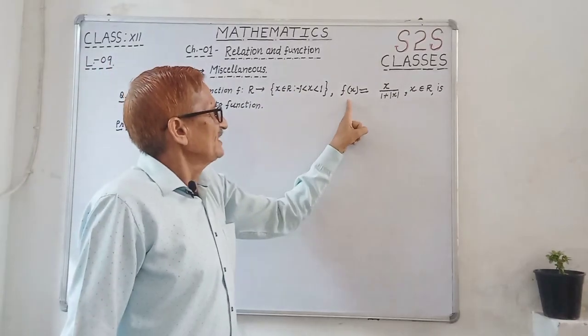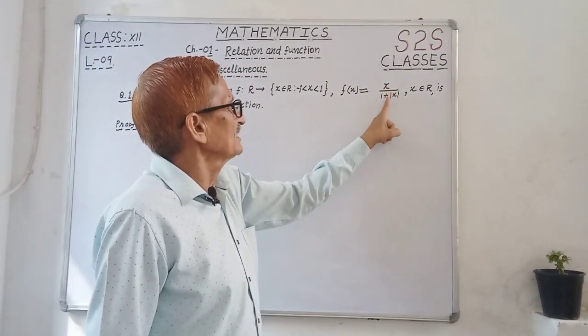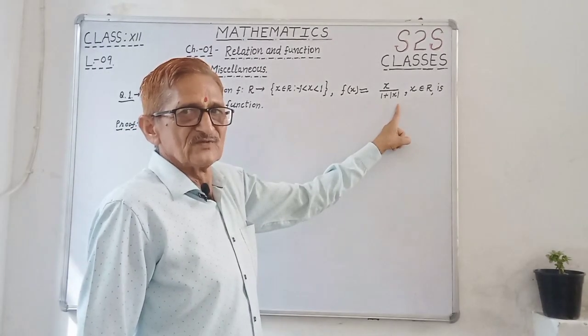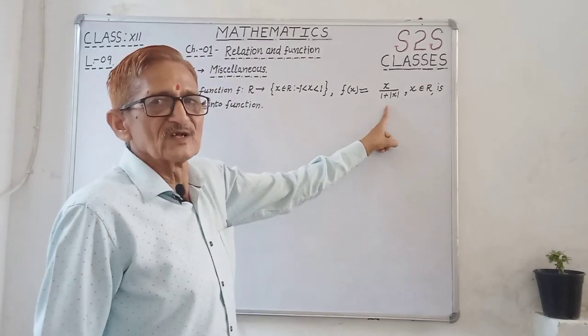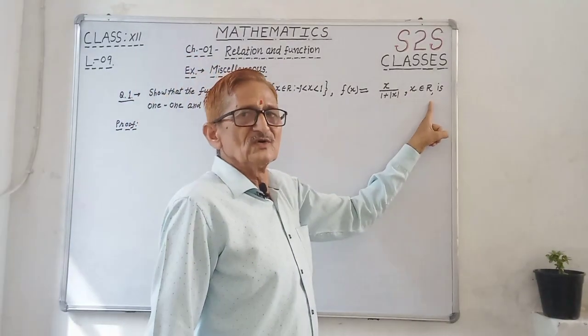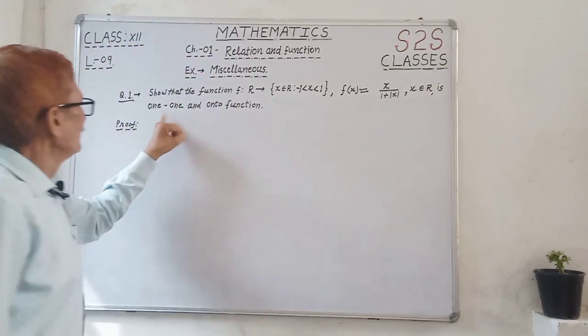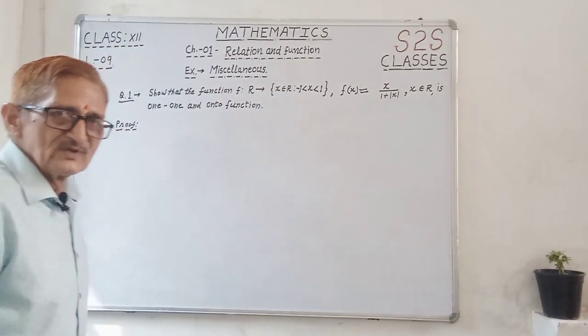So the function is defined by f(x) = x upon 1 plus mod x, x belongs to real numbers. Question given, function given. This function is 1-1 and onto function. We have to prove it.